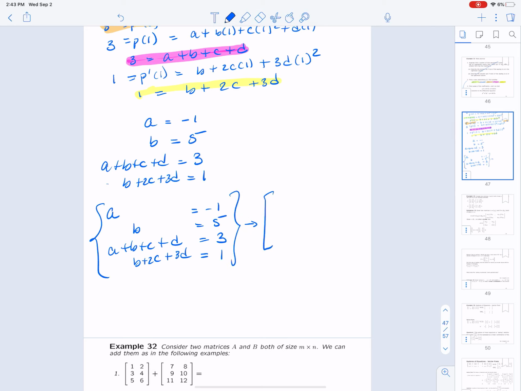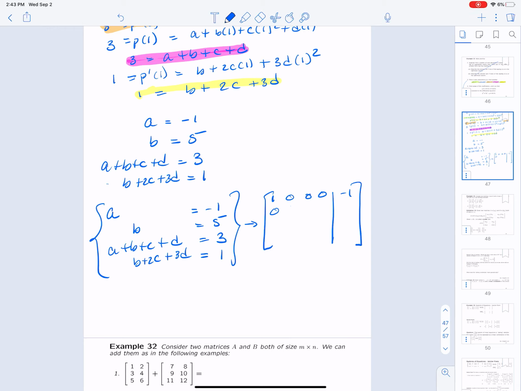I can make it into an augmented matrix. Oh no, a is my variable, so that's just a 1. Let's make a comment that my variables here are a, b, c, and d. So I'm really looking at the coefficients here.